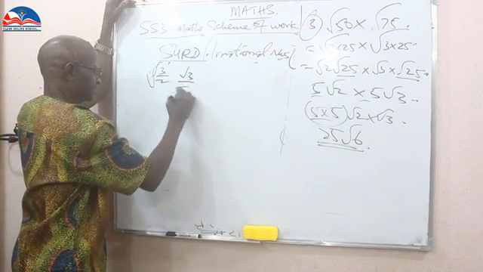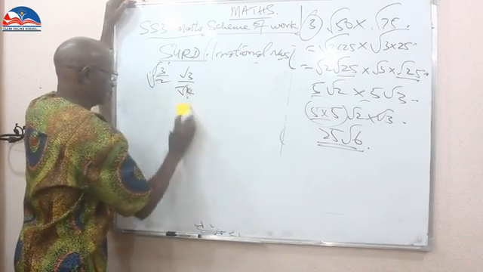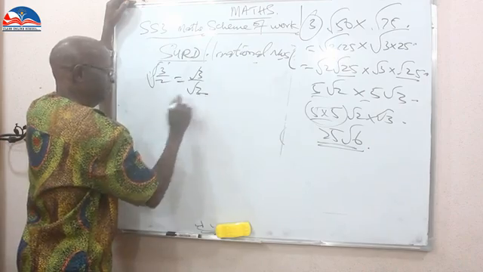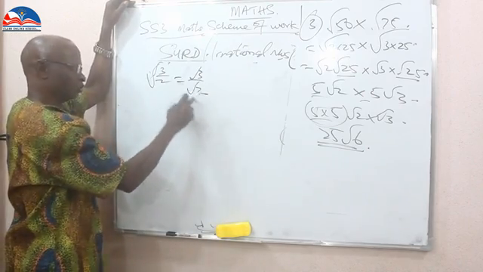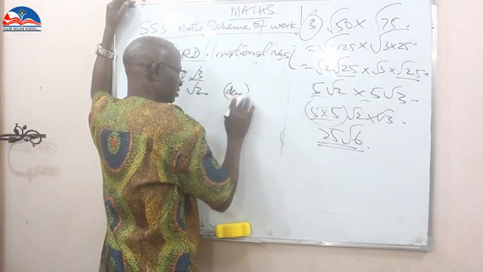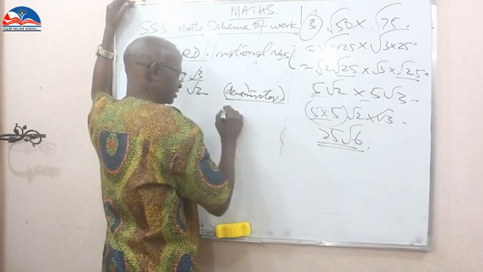Root 3 over root 2. To rationalize this, use the denominator. Rationalize the denominator.